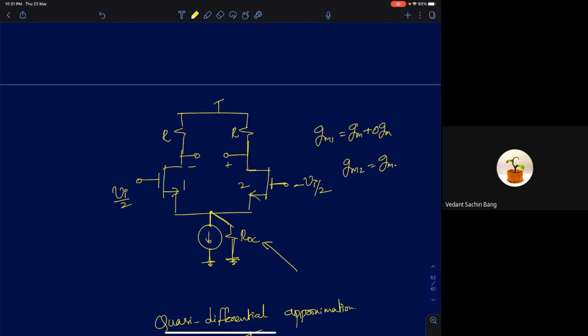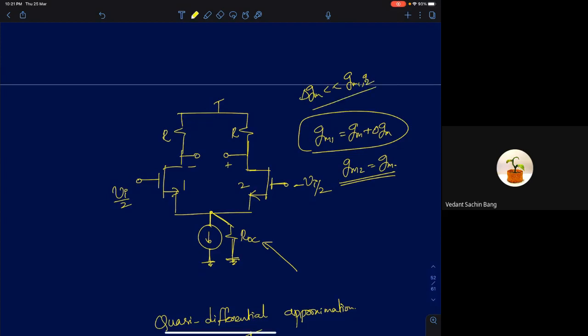This is where I'll introduce this term called quasi-differential, meaning we are going to make an assumption that GM1 is given by GM plus delta GM and GM2 is GM itself. This delta GM, the difference between the two GMs, is really much smaller than GM1 and GM2.